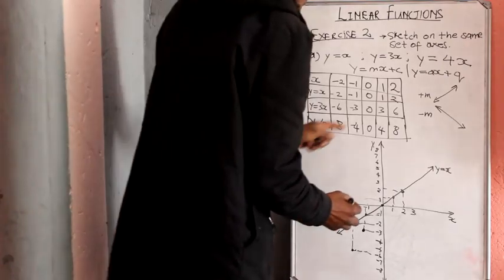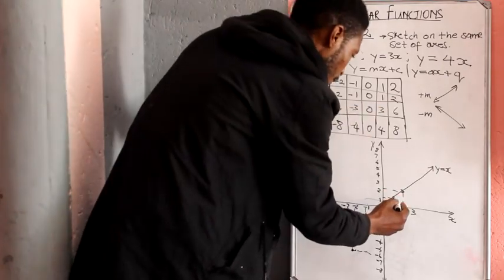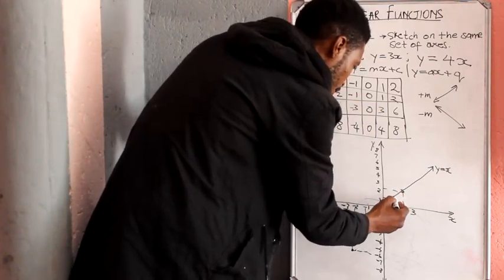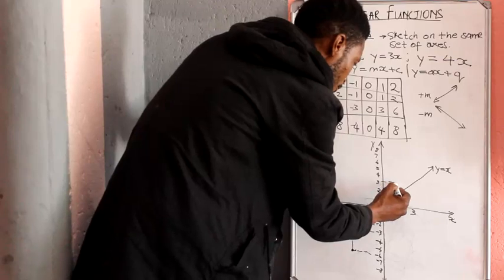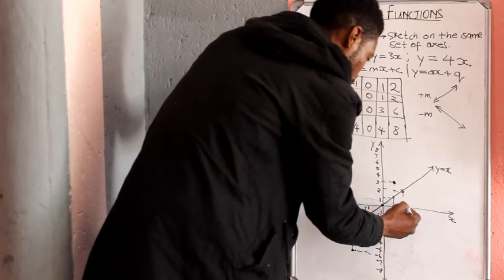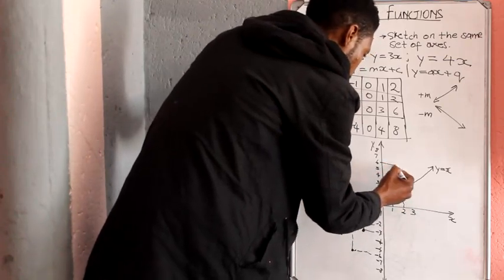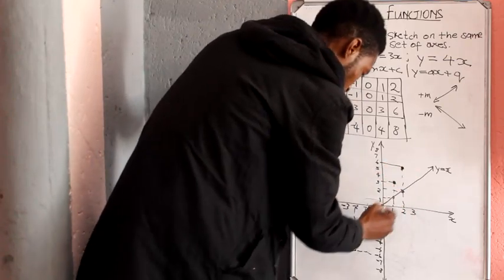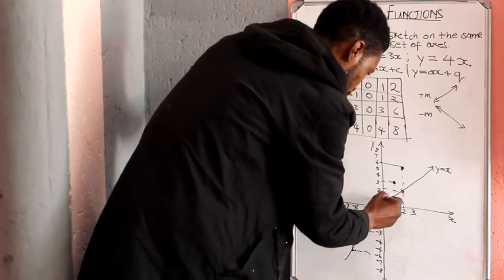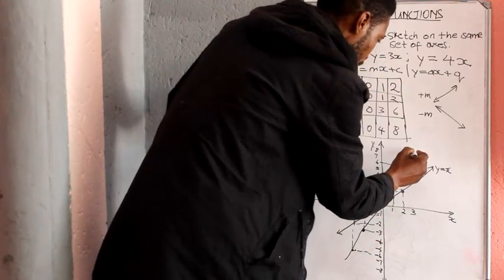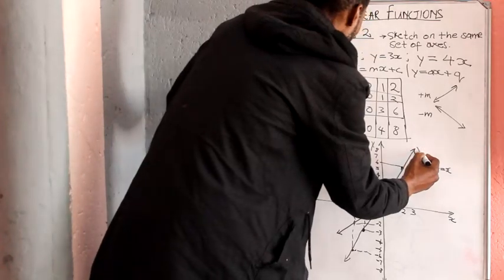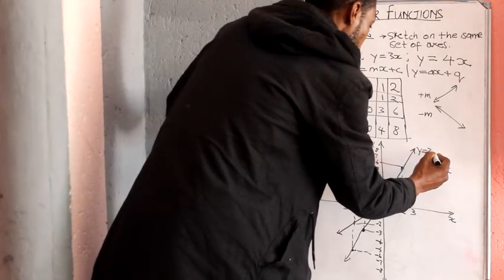And then after that it goes to 3 corresponding with 1, 1 corresponding with 3, and then 2 corresponding with 6, and then we join all those lines. There you go. And that would be the graph of y equals 3x.